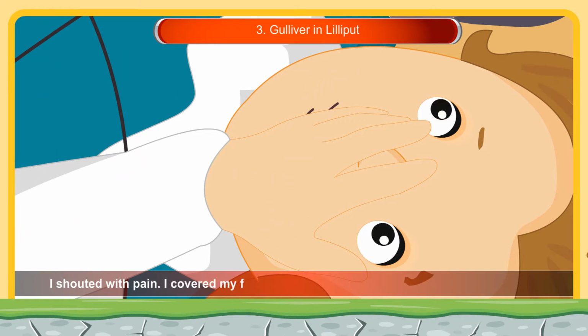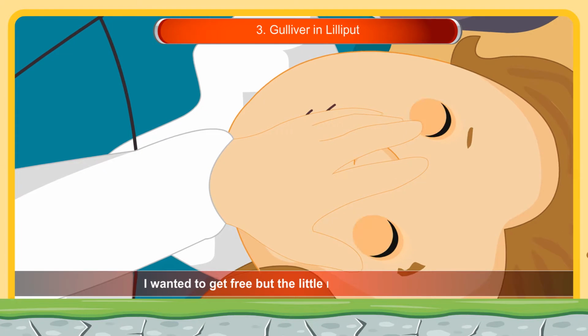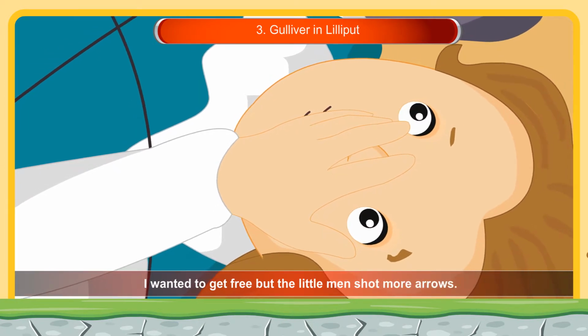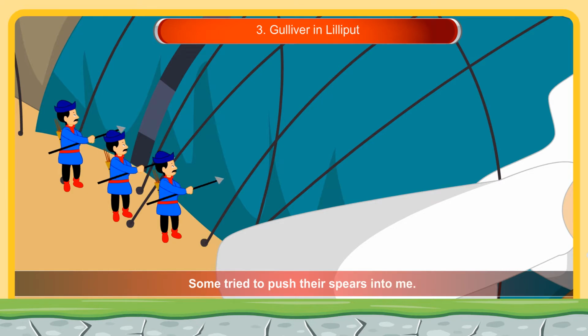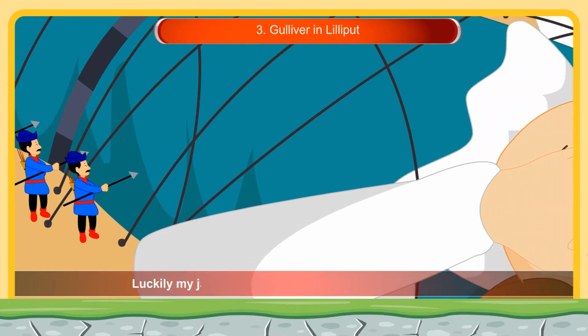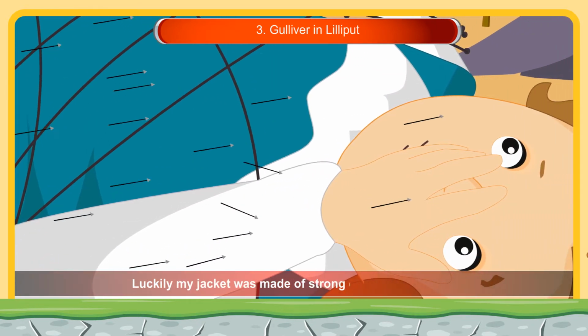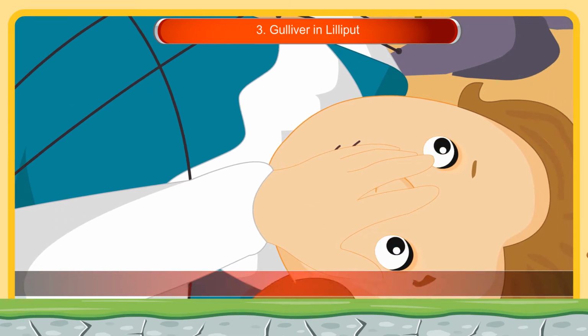I covered my face with my left hand and tried to break all the strings. I wanted to get free, but the little men shot more arrows. Some tried to push their spears into me. Luckily, my jacket was made of strong cloth, and their spears were not sharp enough to go through that. I decided to lie still.